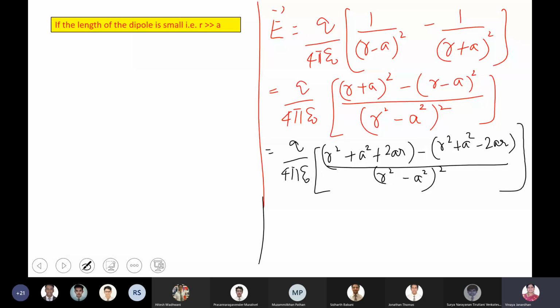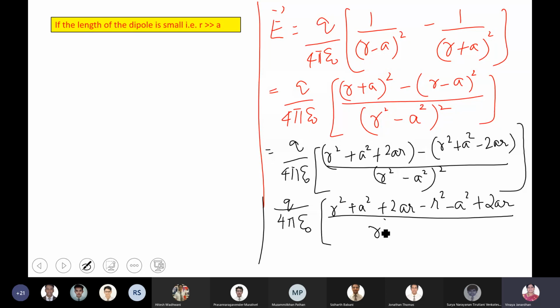So then what are you going to get? 1 by 4 pi epsilon naught into R square plus A square plus 2AR minus R square minus A square plus 2AR, divided by R square minus A square, the whole square. Are you all getting that? Okay, fine. These terms will get cancelled.